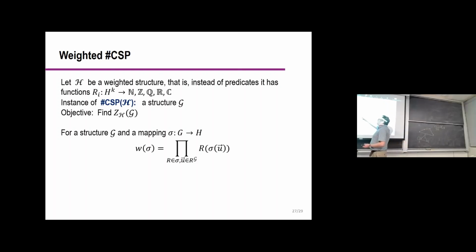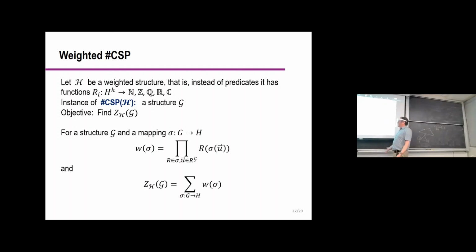For every mapping from G to H, I will define its weight as follows. I will take all predicate symbols. In the case of graphs, this just means every edge. For every edge, I will look at the image of this edge in my structure H, take its weight, and multiply all of these weights together.